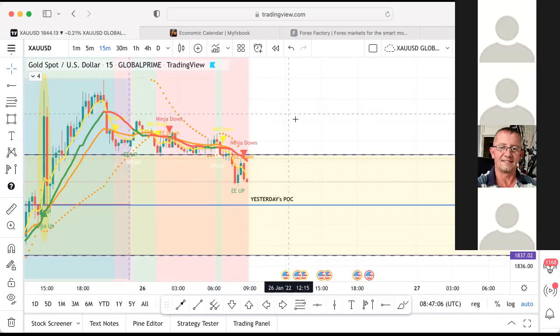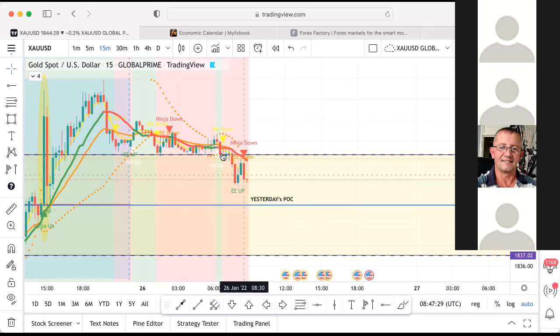And I suspect it will go down to yesterday's point of control. The thinking behind this strategy is that yesterday's point of control is acting like a magnet to price. It's amazing if you do some back testing and see how many times price does go down to the point of control.